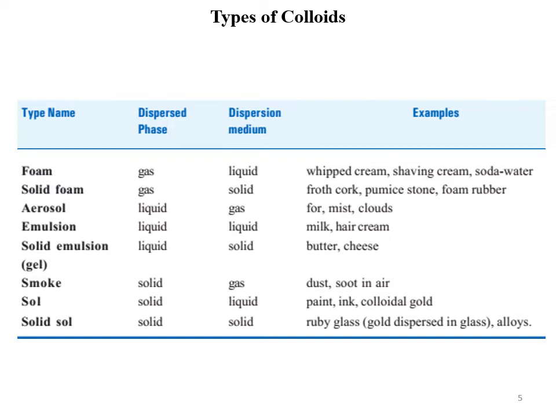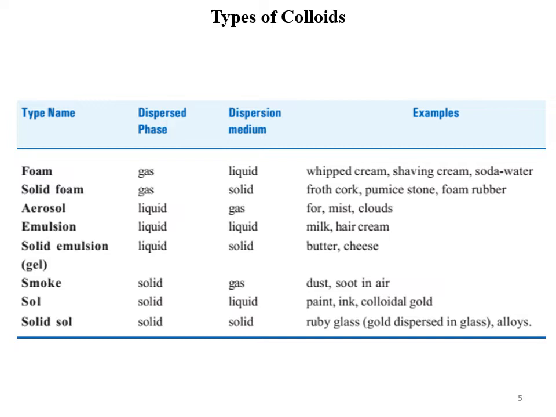We have 8 different types of the colloids. The first one is foam. This is produced when dispersion medium is liquid and dispersed phase is a gas. The second one is solid foam, and this is produced when a gas is dispersed in solid.